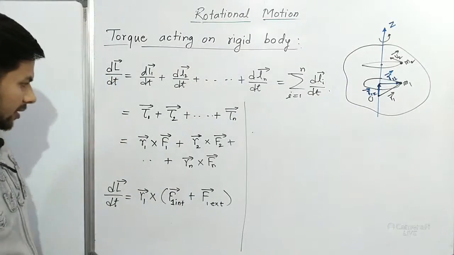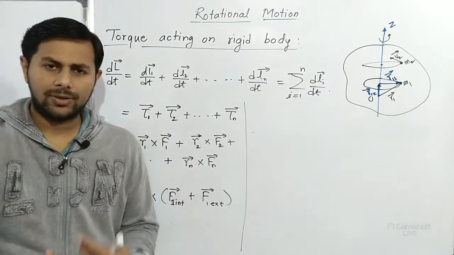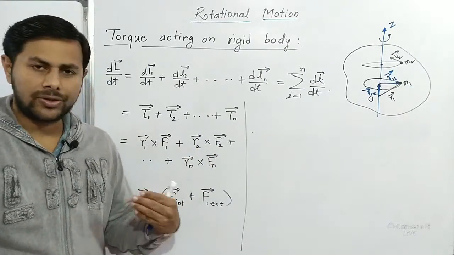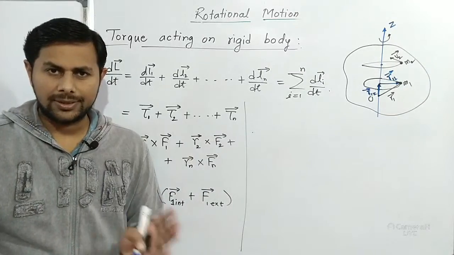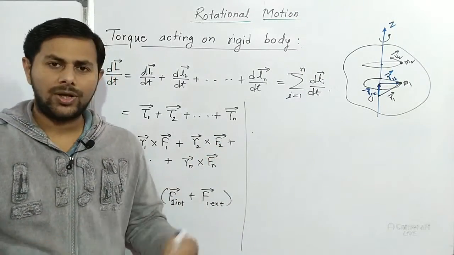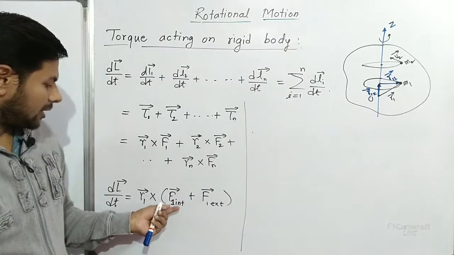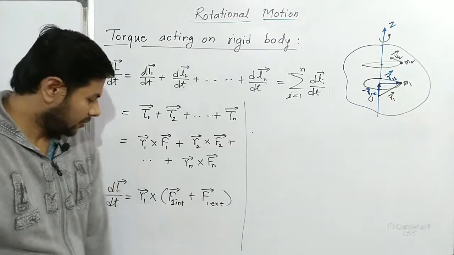Okay, similarly we can write for the second particle: it is R2 bar cross F2 internal, so all internal forces acting on the second particle, plus the sum of all external forces acting on the second particle, so that will be F2 internal plus F2 external.